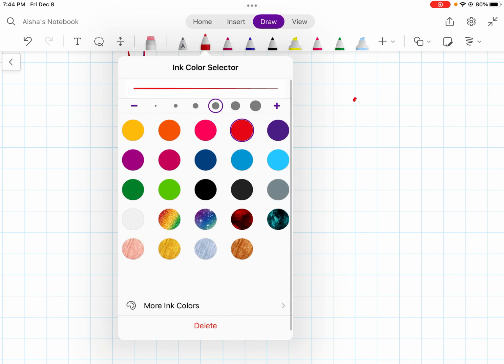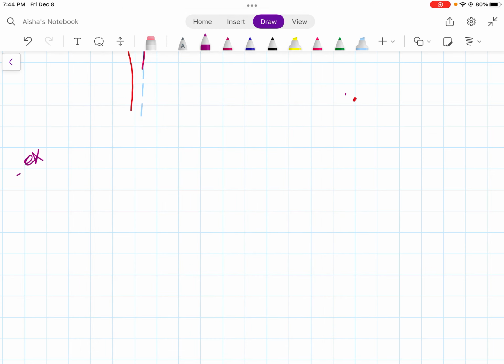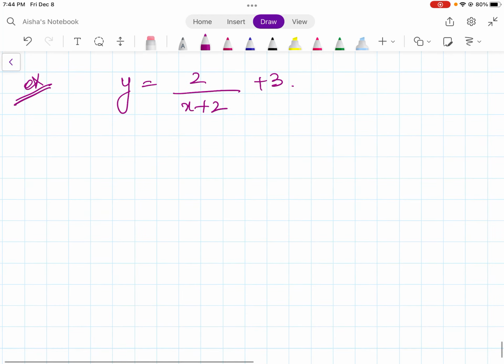Let's take another example. Y is equals to 2 upon x plus 2, plus 3. So y is equals to 3 and x equals to minus 2 because there should be a minus here.